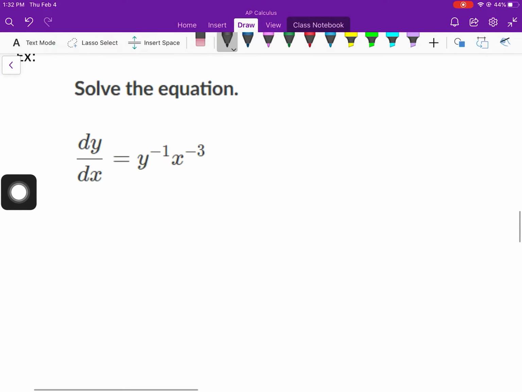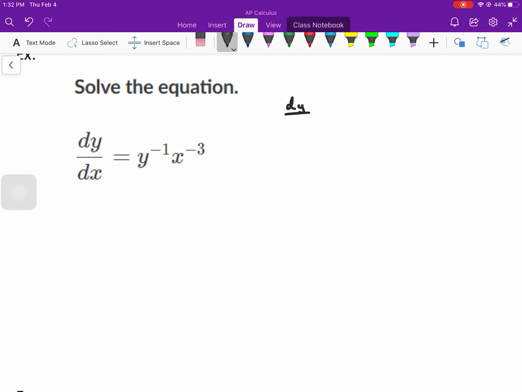The next one there is though. So let's go ahead and solve this one. So I'm going to go ahead and divide this y to the negative 1 to the other side.